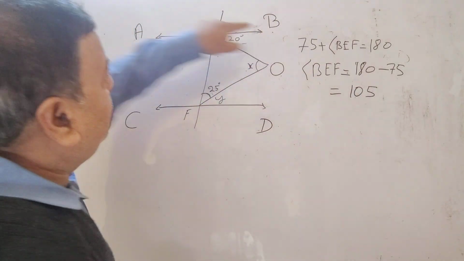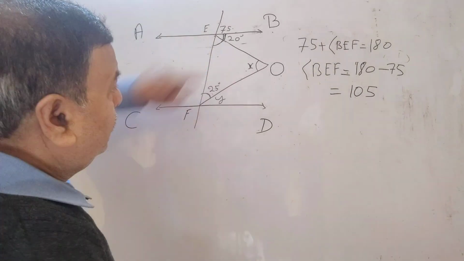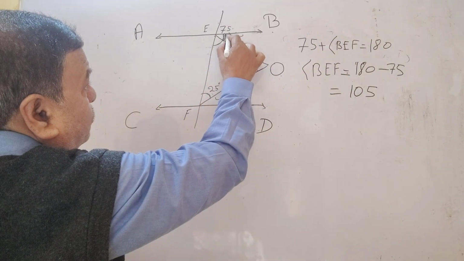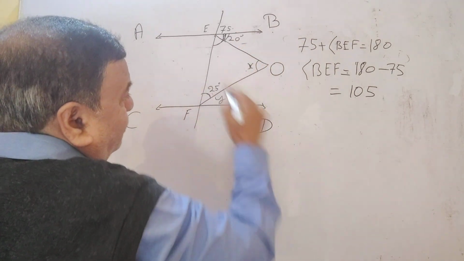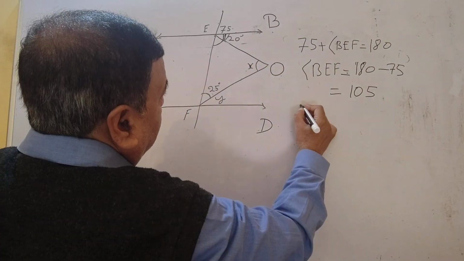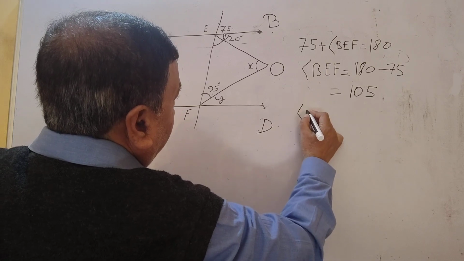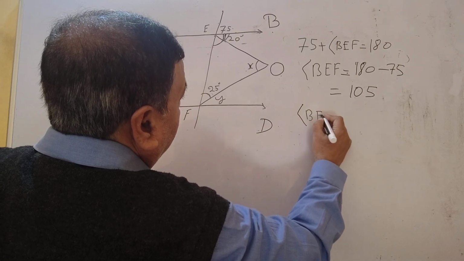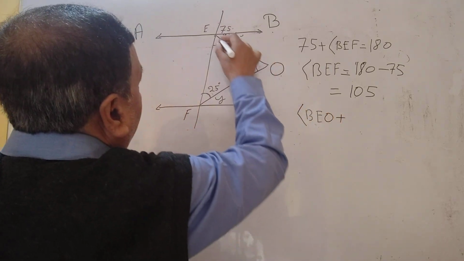So angle BEF is 105, out of which this small angle BEO is 20. So we can subtract angle BEO plus angle OEF.